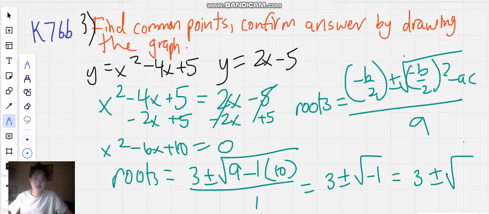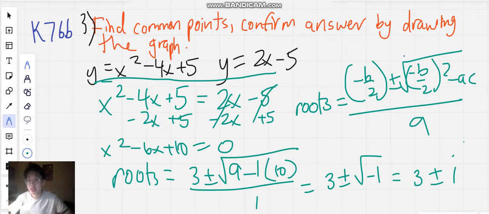But this sticks out to me, because if you get an imaginary root, then that means that you have no real solutions, meaning that on the 2D xy plane, there actually are no visible common points between these two graphs, since I did not get any real solutions.